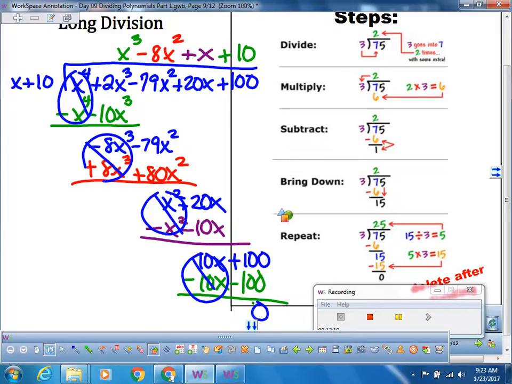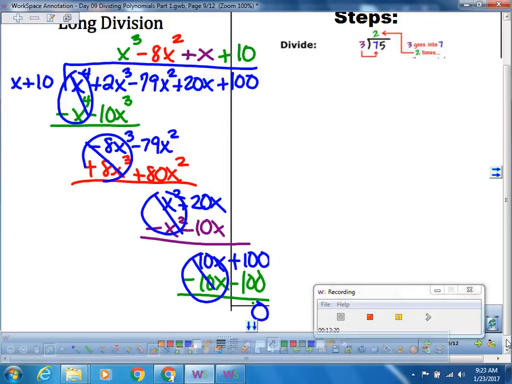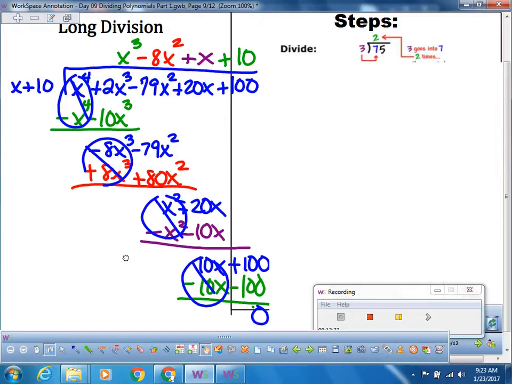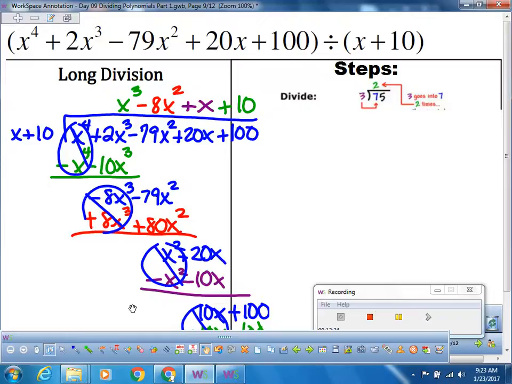Okay. Now I'm going to go up here. On your homework, it asks you to multiply. So when I multiply, because my answer is this whole thing right here, right? I'm going to write it right here.